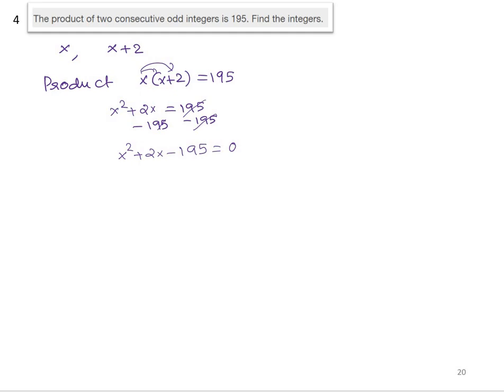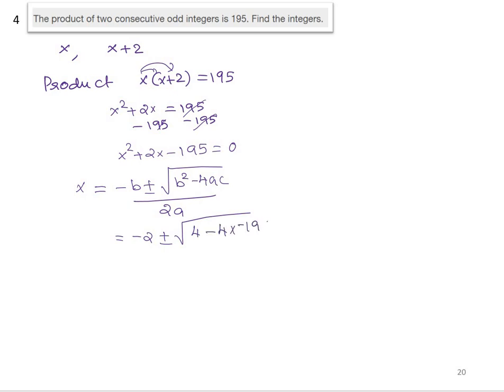We use the quadratic formula. So x is equal to negative b plus or minus square root of b square minus 4ac, divided by 2a. That is negative 2 plus or minus square root of 2 square, 4, minus 4 times negative 195 times a, which is 1, divided by 2, right?